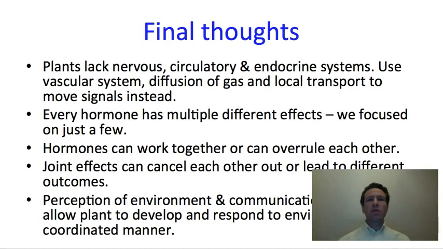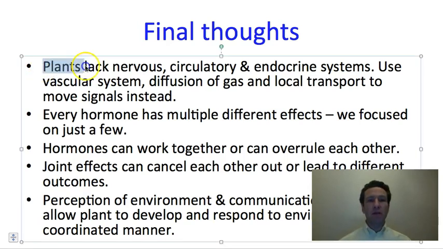And that brings us to the end of today's lecture. I want to end with some final thoughts related to plant perception of the environment and how the signals are moved. First, remember that plants lack nervous systems, circulatory systems, and endocrine systems. And so it is much harder for plants to send a message than it would be for a mammal like humans.